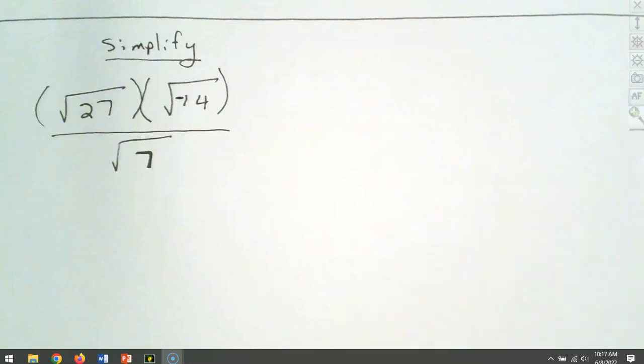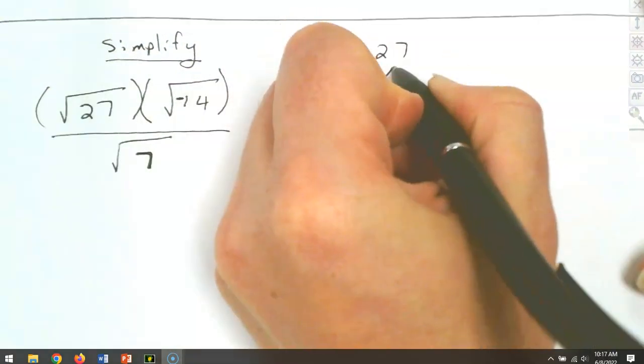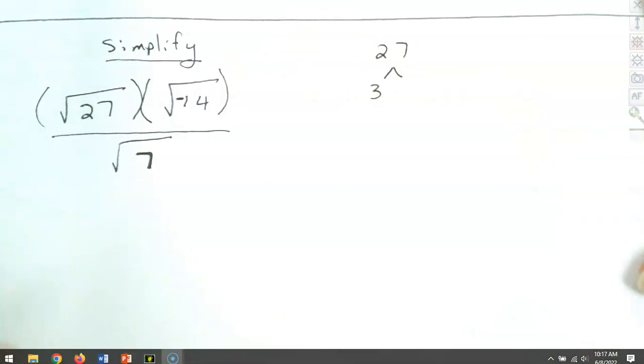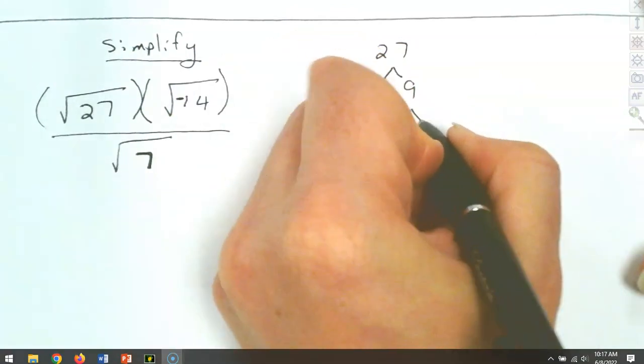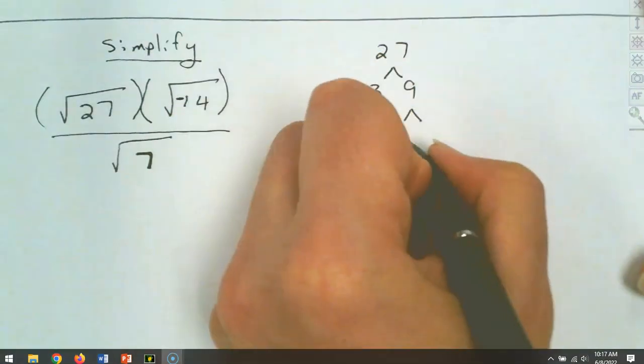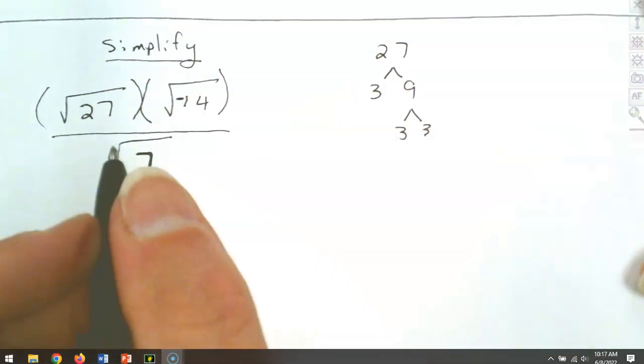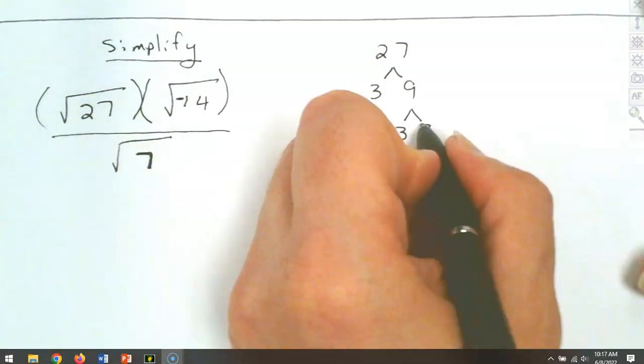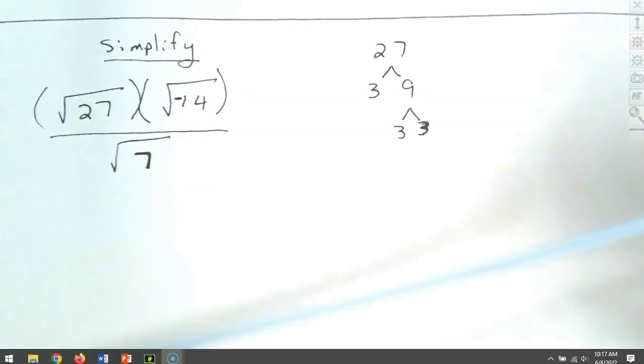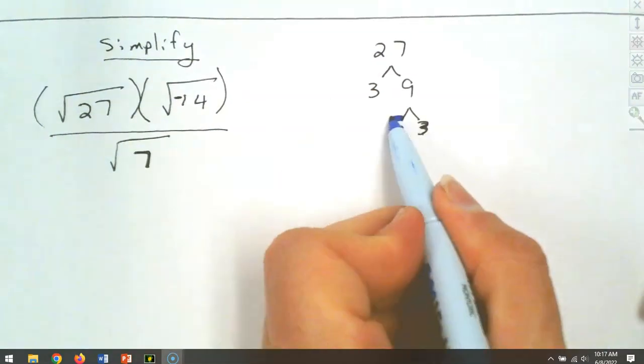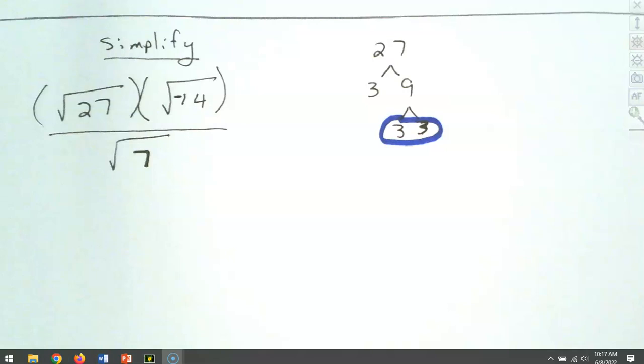So 27. How does 27 break down? Well, 27 breaks down into 3 and 9. And we want perfect squares, so that's 3 and 3. Is it going to come out as an imaginary number?